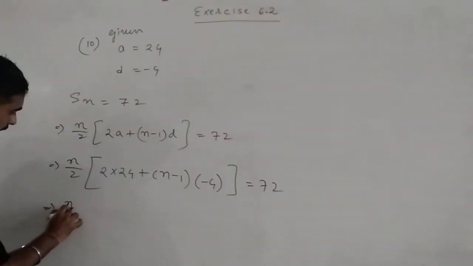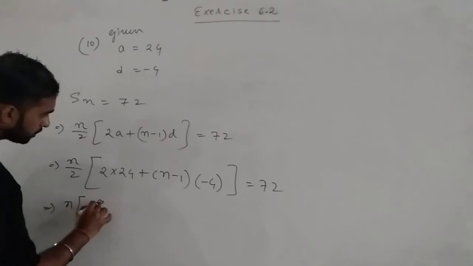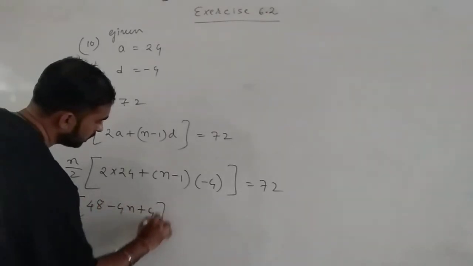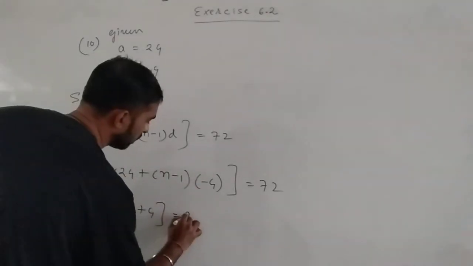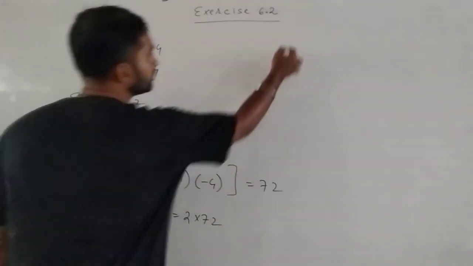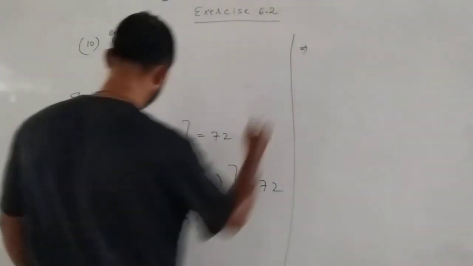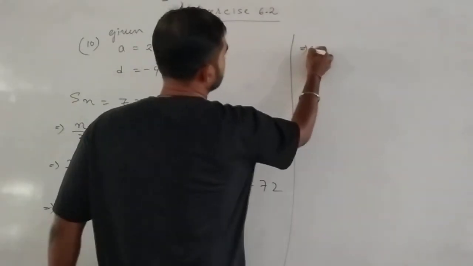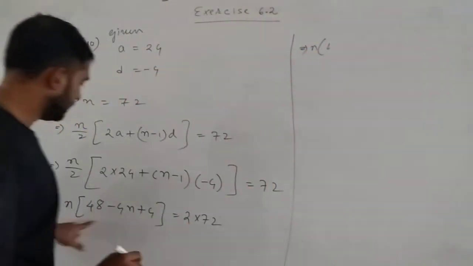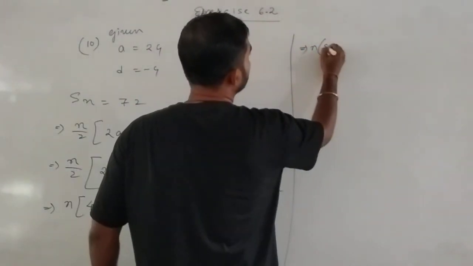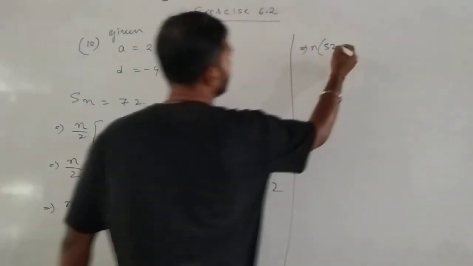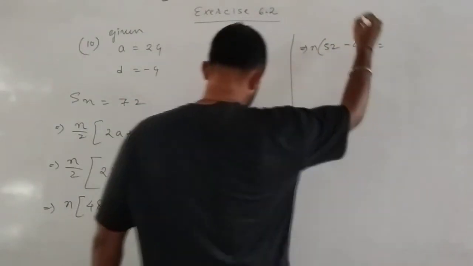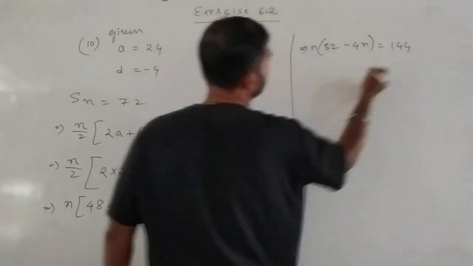Then n, 48 minus 4n plus 4 is equal to 2 into 72. And 48 plus 4, 52 minus 4n equal to 144.